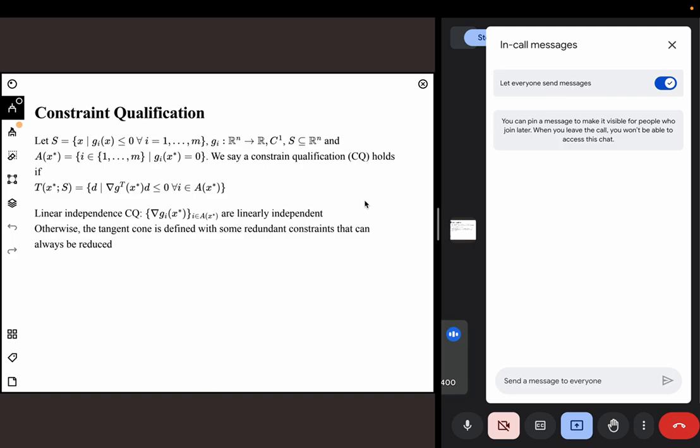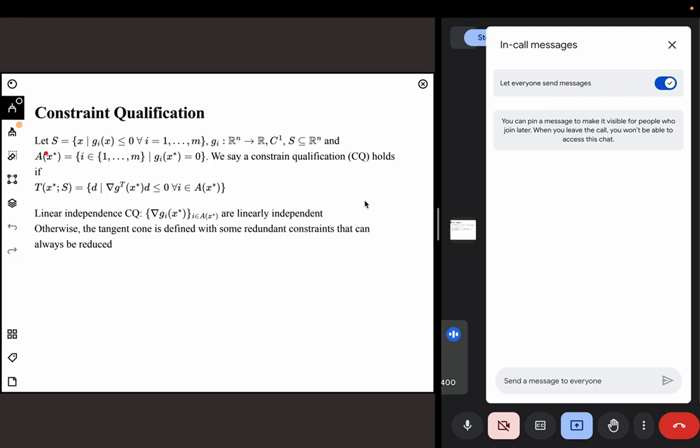Last week we had a set S defined as the set of all points X that satisfy the condition gi of X less than or equal to 0. These are my inequality constraints. You can also have equality constraints as well, but let's restrict ourselves to inequality constraints. G is a function mapping from Rn into R, and it is continuous and differentiable. S is a subset of Rn because it only includes the values of X for which G of X is less than or equal to 0.